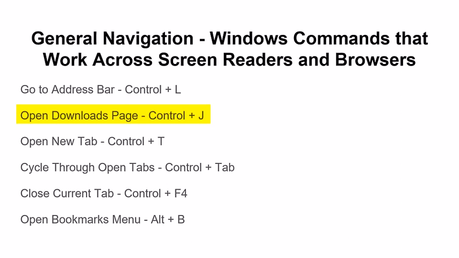Sometimes it can help to open that Downloads page and navigate it and find out where that document landed. Opening a new tab, Control T, and cycling between open tabs is Control Tab. To close the current tab is Control F4, and to open the bookmarks menu is Alt plus the letter B.